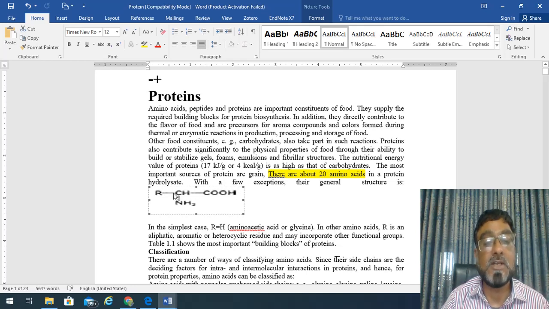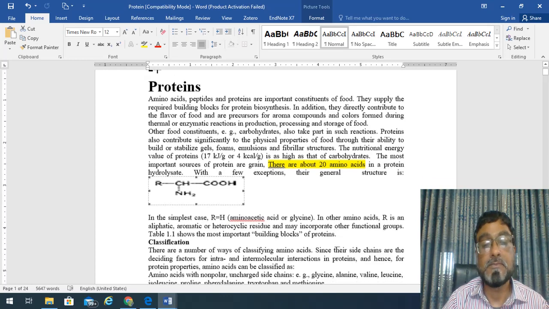This one structure will be the same for all the amino acids, and there will be a difference in the R. All of the amino acids have this basic structure, and this will be the variable R.